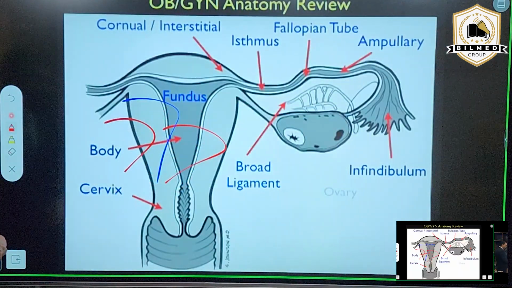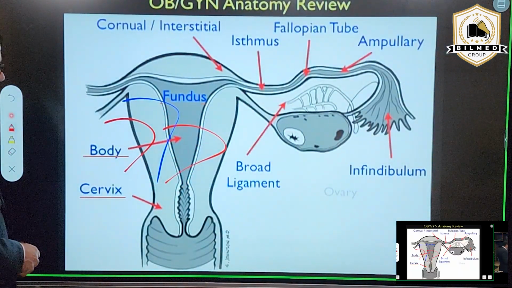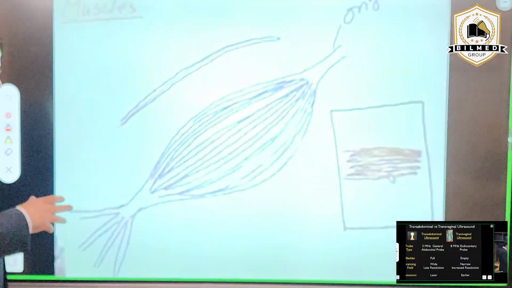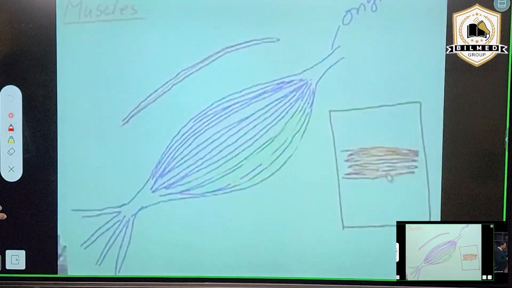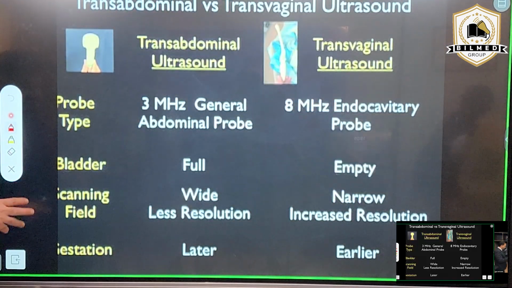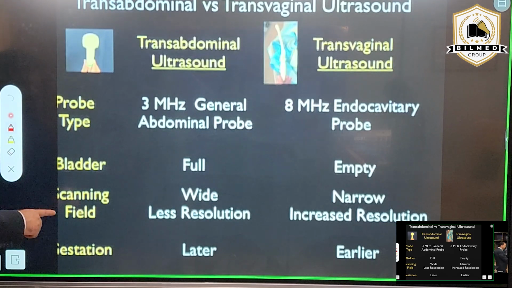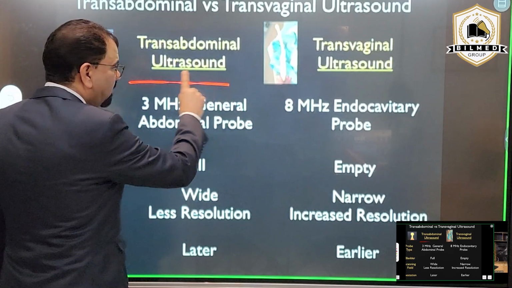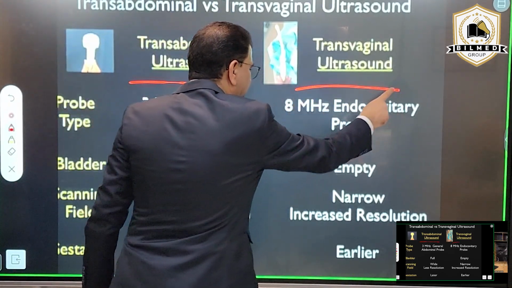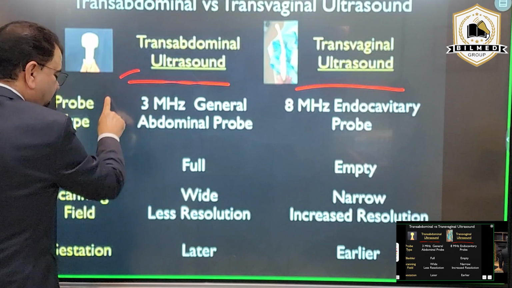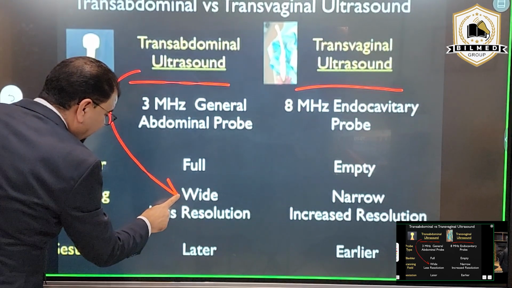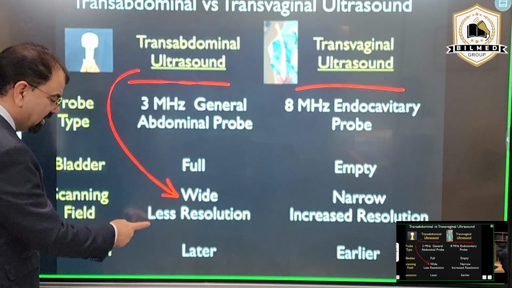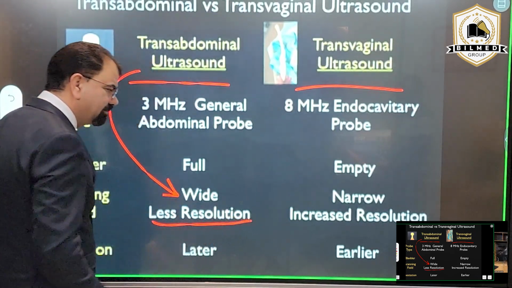So now, next, I'm not skipping between, because this will take time. The basic important point in this slide is that this is my transabdominal probe and this is my transvaginal probe. In the transabdominal probe, I have a wider field, but less resolution.